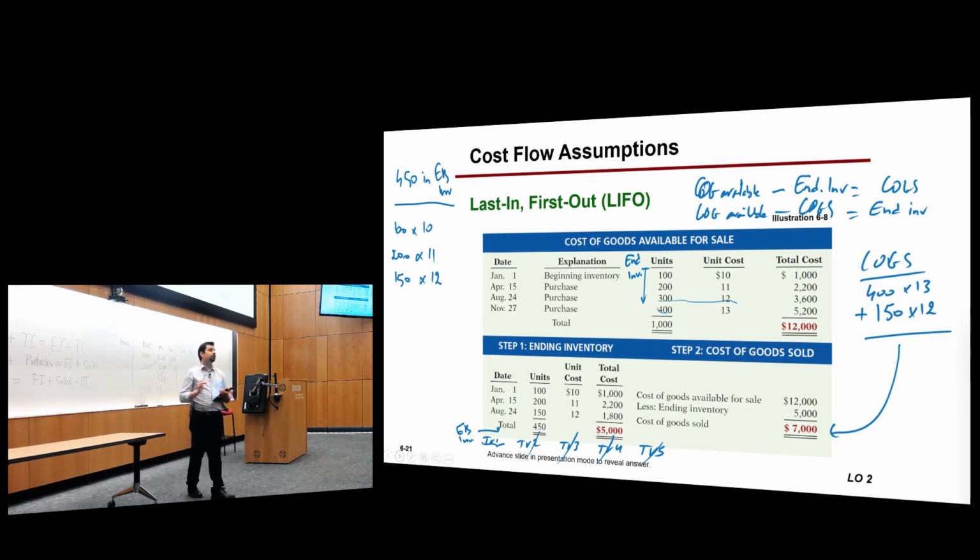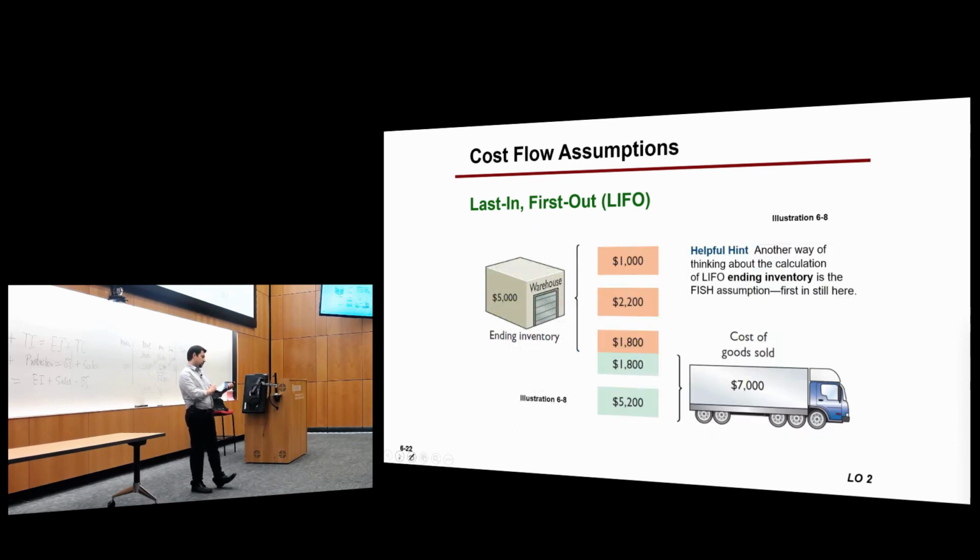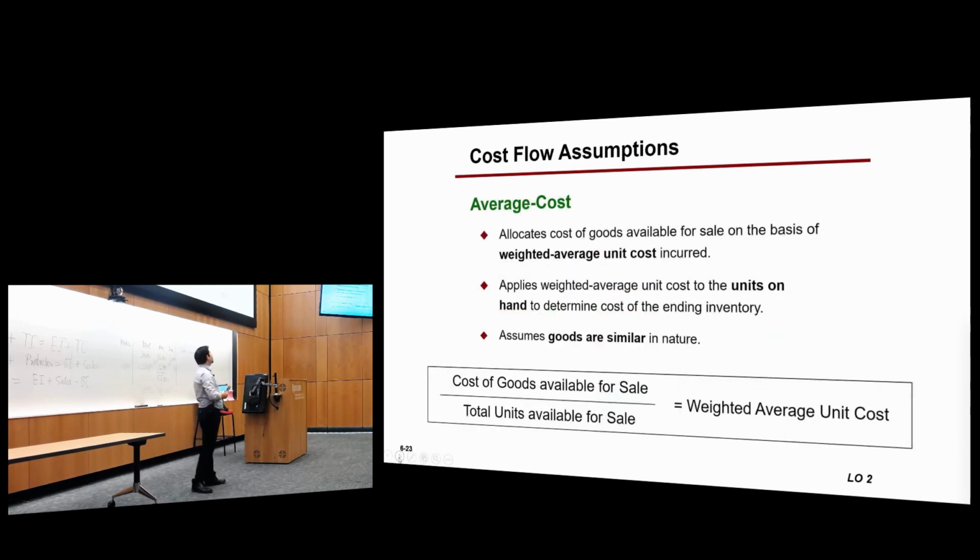So just remember, this calculation does not mean that this is actually how the goods are being sold. We're not saying that it actually happened this way. In fact, the company can use either LIFO or FIFO or average cost. Okay? Now, the average cost is the weighted average cost.